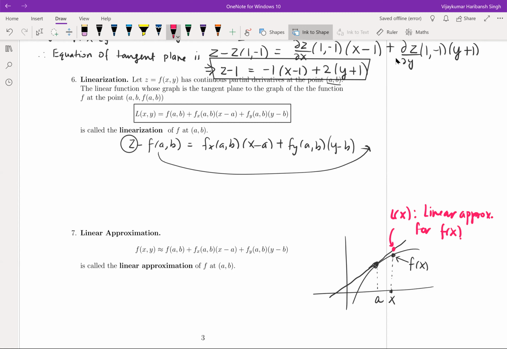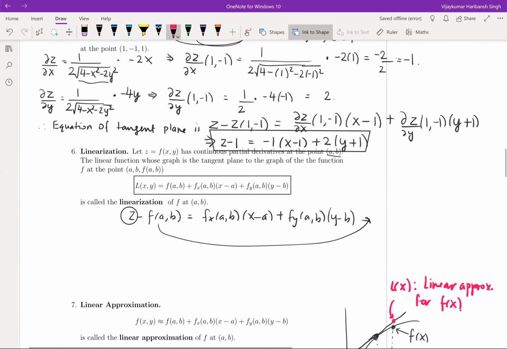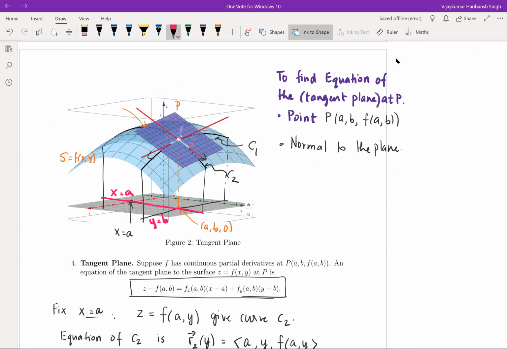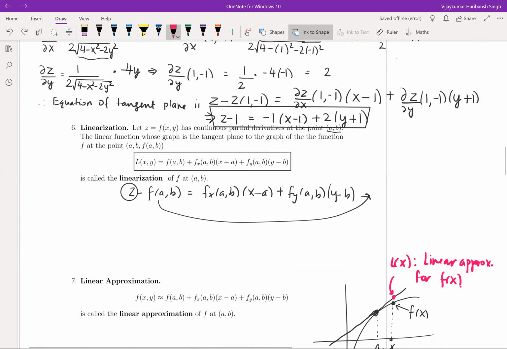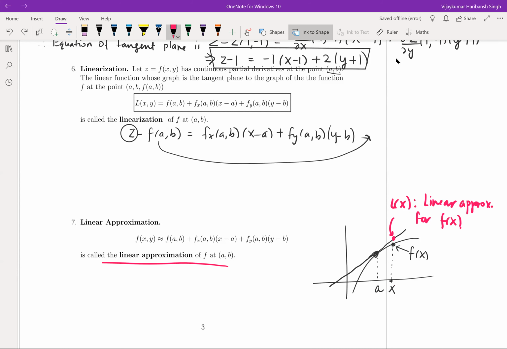Same thing we are doing here: if I take xy close to this point, instead of finding the value of the function on the surface, I will find the value on the tangent plane. That is called a linear approximation in two variables. So this is the formula for linear approximation, essentially your L of xy. If you're approximating your function by the values on the tangent plane, you get linear approximation.